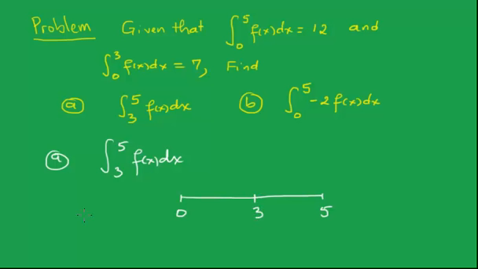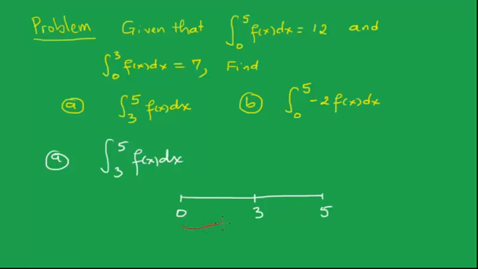See, I have all those numbers. Remember the limits. I have 0, 3, and I have 5. That's what we are going to use here. 0, 3, 5.